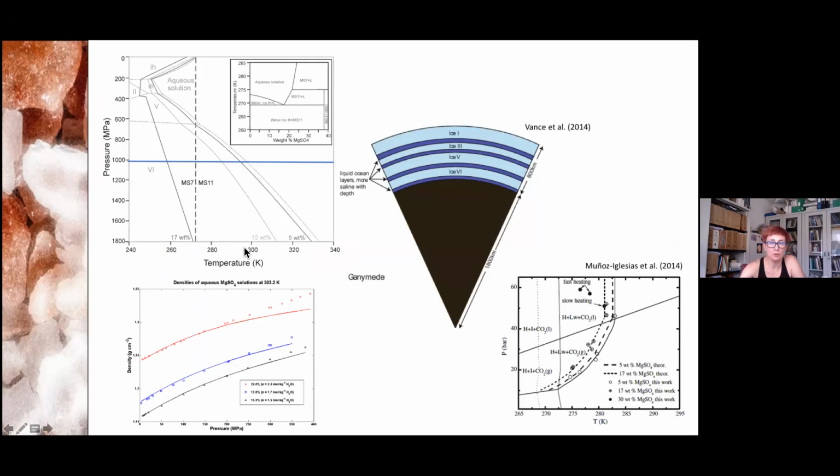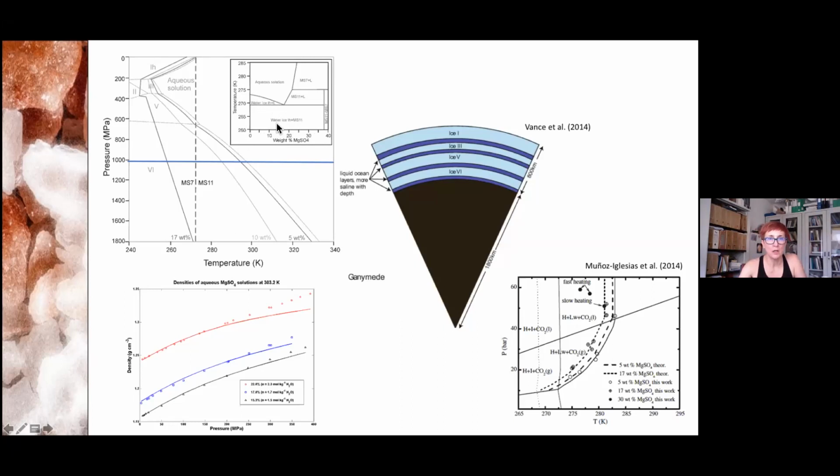For example, you can see here in this inset the binary phase diagram for magnesium sulfate water. So I explain to you a little bit how to read this diagram. You have the concentration of the system in magnesium sulfate and temperature.